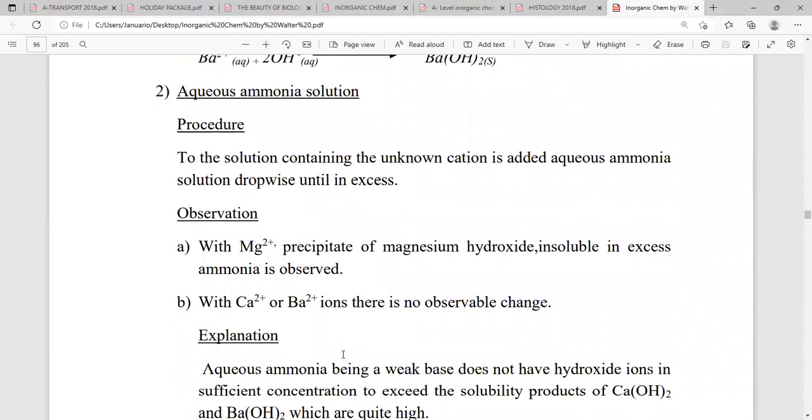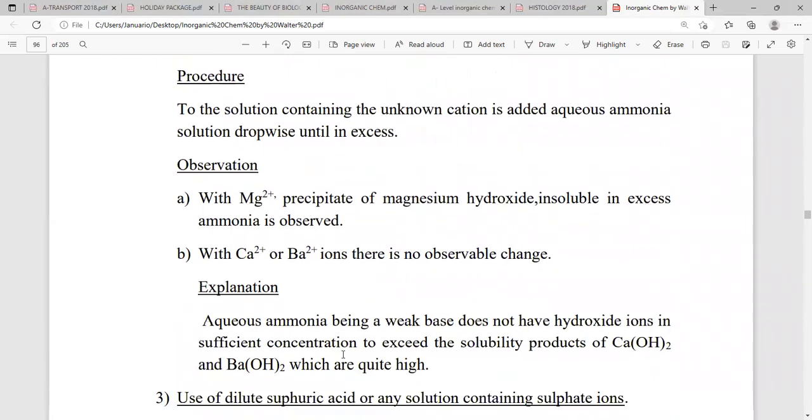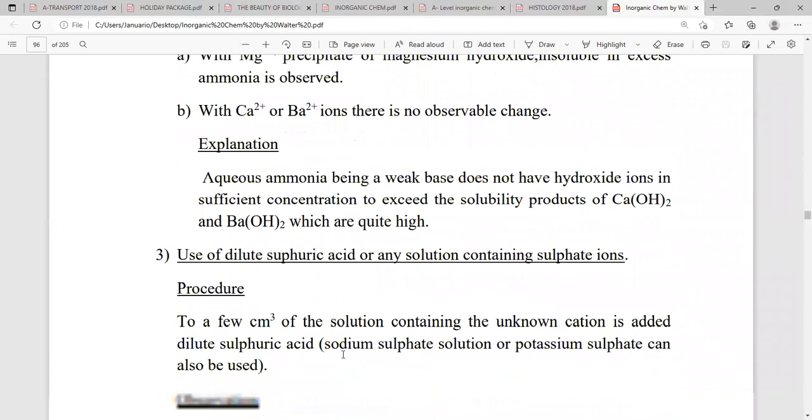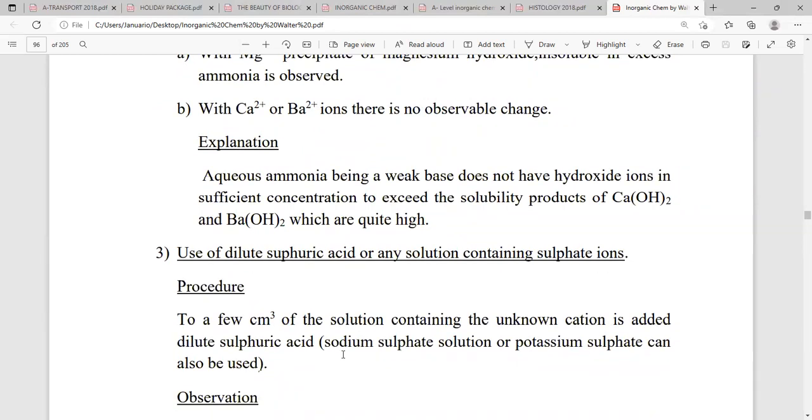For aqueous ammonia solution, with magnesium you get a precipitate which is insoluble, but for beryllium, barium and calcium, there is no observable change. It is because aqueous ammonia, being a weak base, does not have hydroxide ions in sufficient concentrations to exceed the solubility products of calcium hydroxide and barium hydroxide.